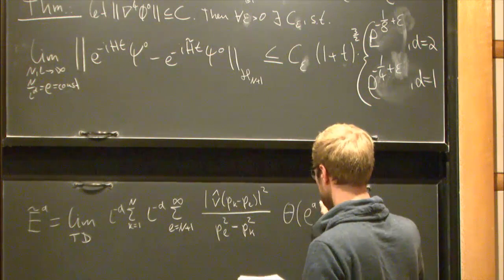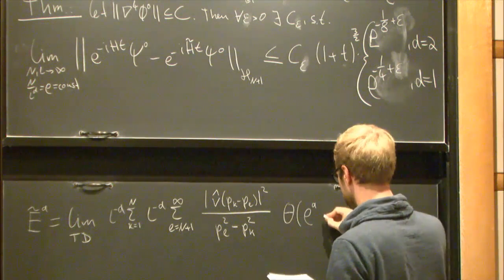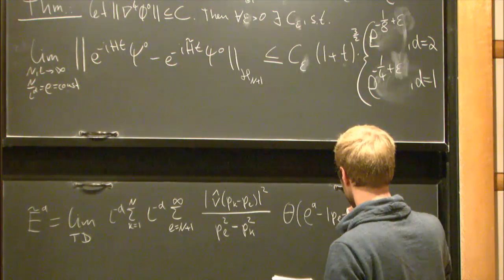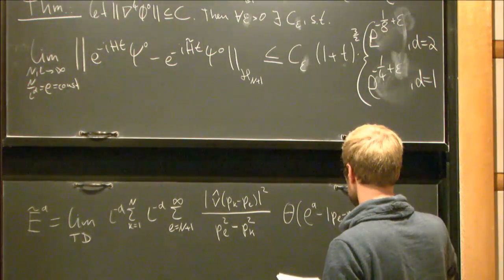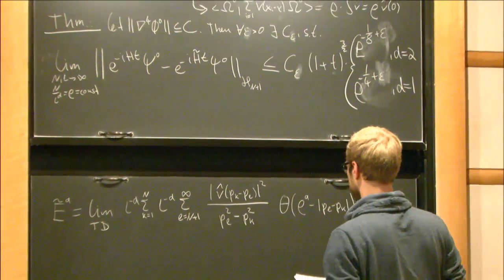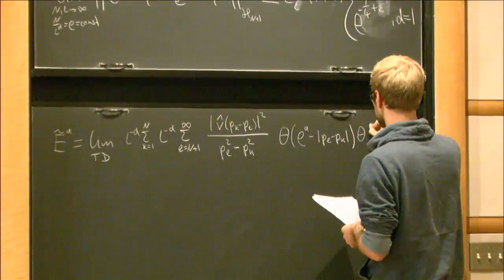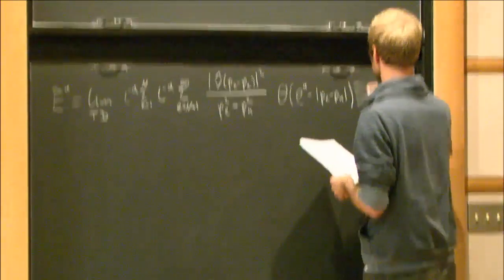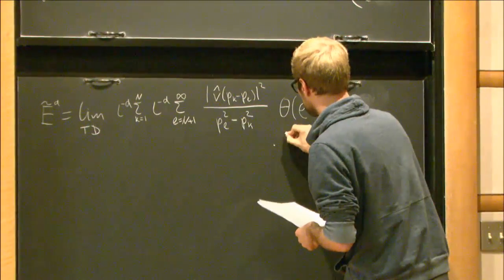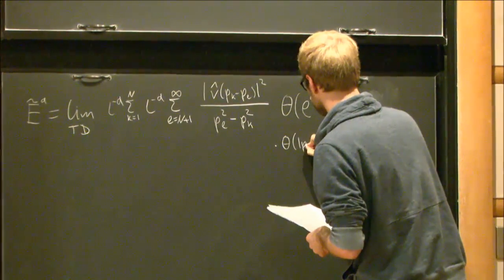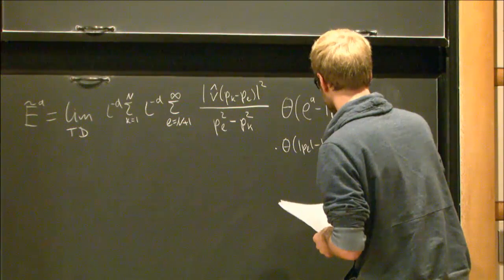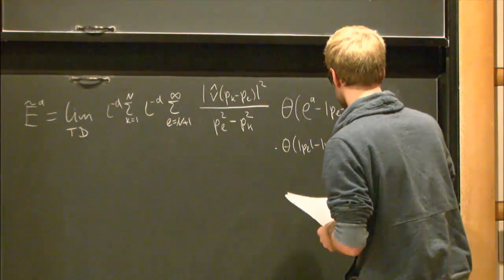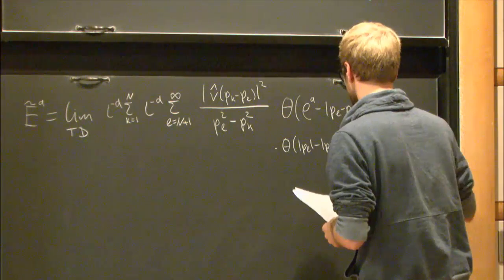Okay, this is a bit technical now, but let me write it down to be complete. So as soon as pl minus pk becomes bigger than rho to the A, you cut off. And also when the difference in the absolute values of the momenta becomes very, very small, you also cut off.